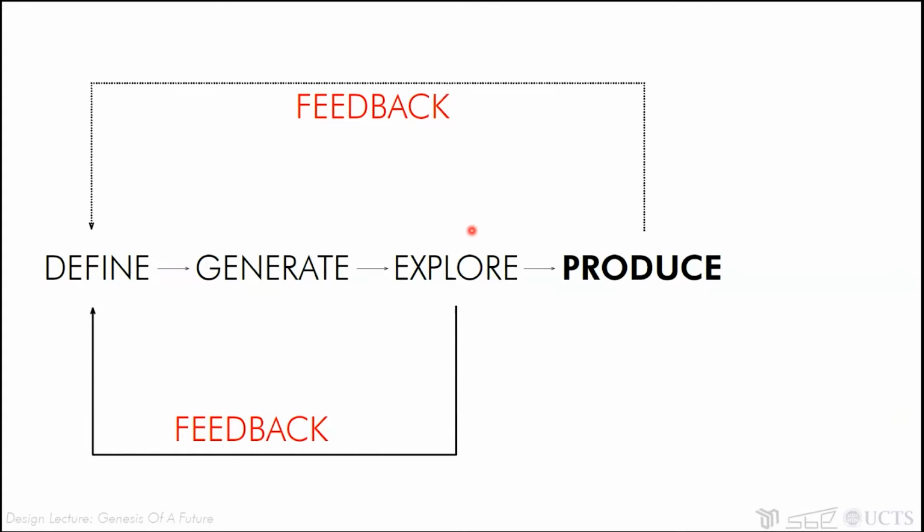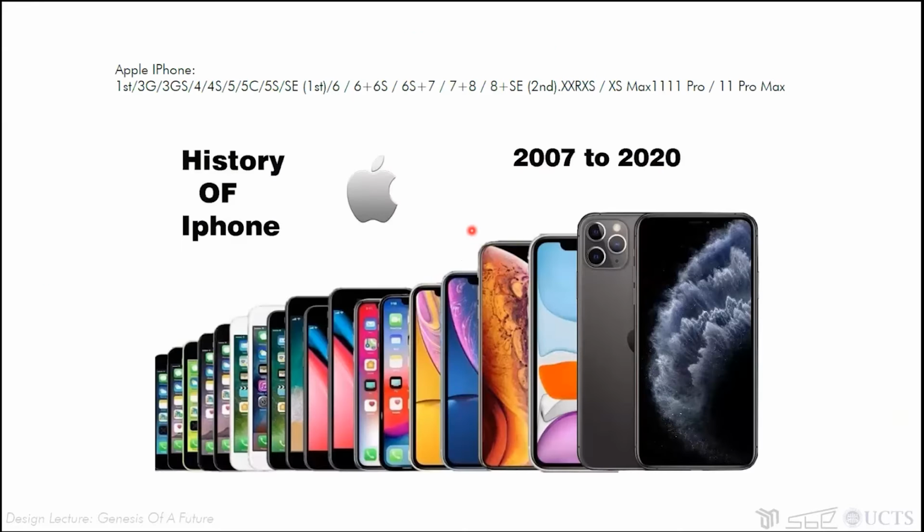And what is the most precious thing about this produce part here is that if we generate things with this kind of feedback loop, we could actually feed data back to the definition as well. Let me give you a very good example. It's in your hand. It's in the hand of most of the people nowadays. So by looking at the Apple iPhone, for 13 years they are making iPhone, what is the difference between generation and generation of iPhone?